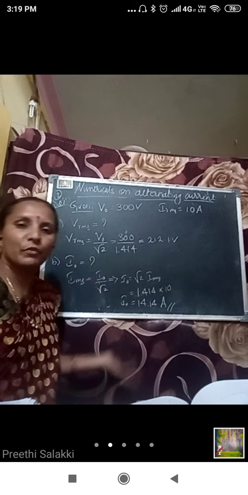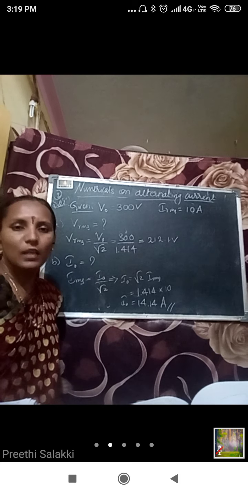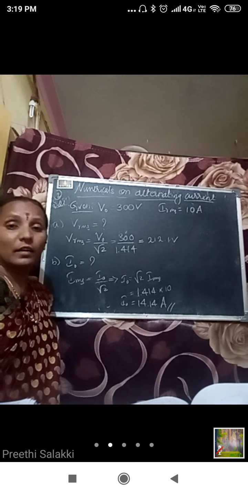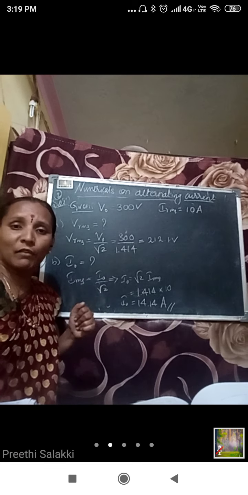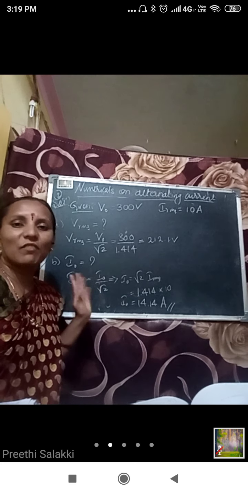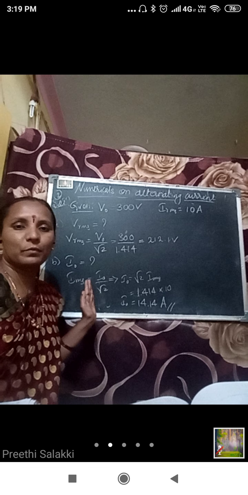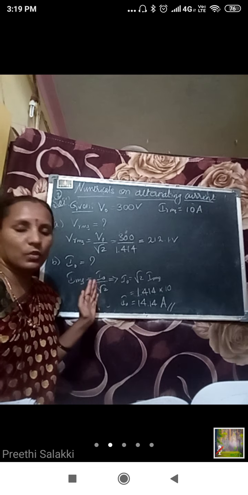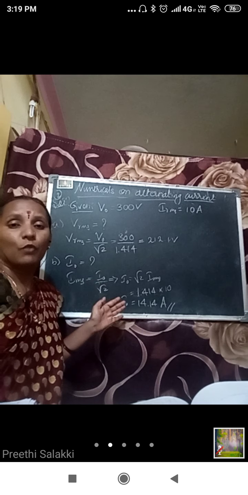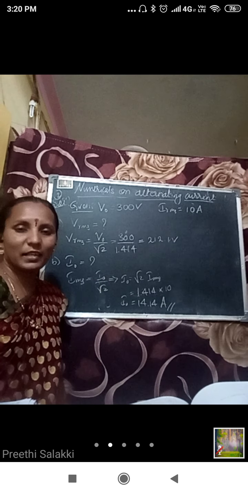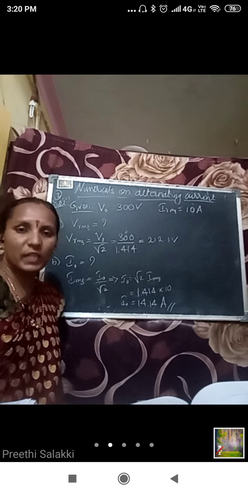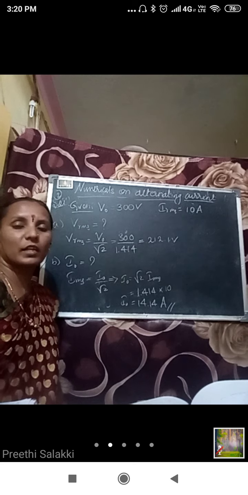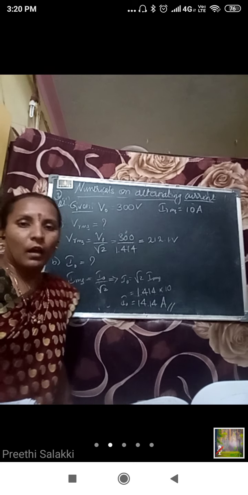In the previous one also we used two formulas, right? In the previous problem, the 50 hertz frequency was given but not used anywhere. It was only to confuse you. The voltage was 220 volt, 50 hertz. Alternating current characteristic values are given, but 50 hertz was not used anywhere because the formula doesn't involve that.